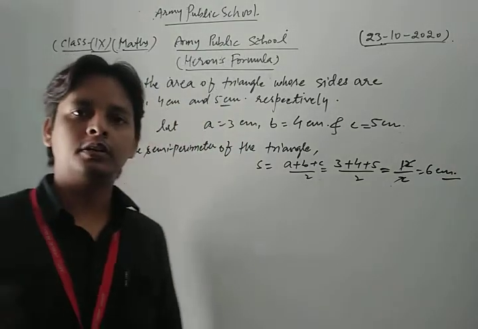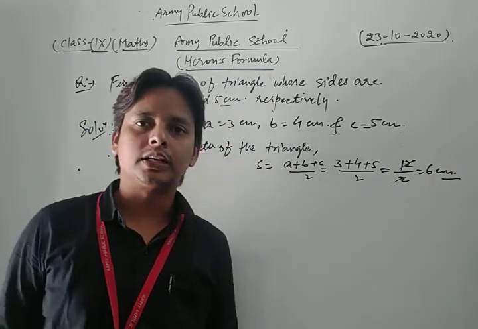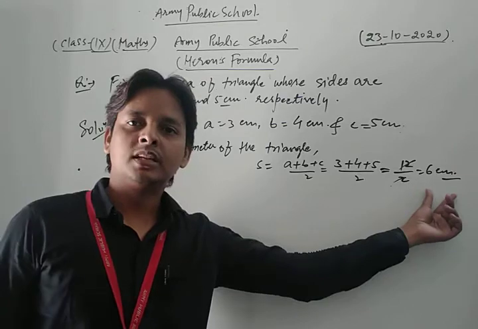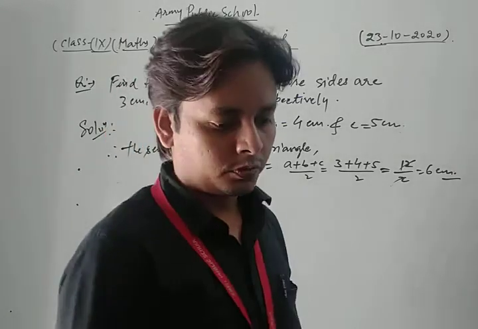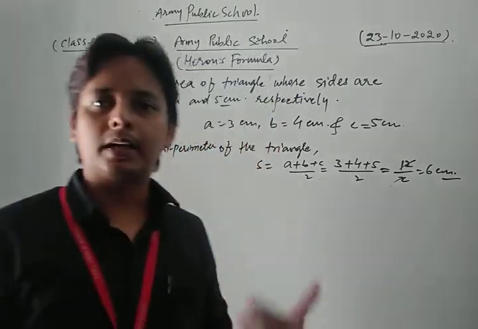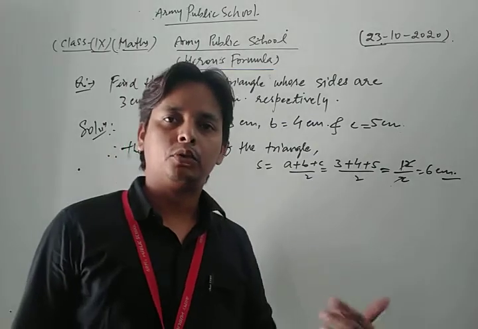In this way, dear students, we find the semi-perimeter of the triangle, which is 6 centimeters.